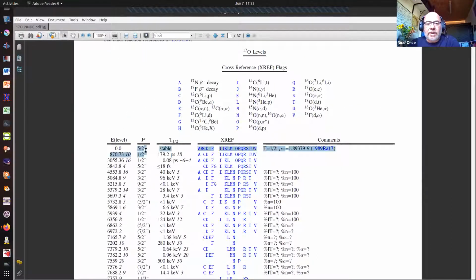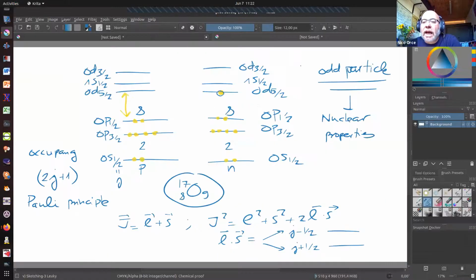So the ground state is a 5/2 plus. So now this is the energy level 0. This is the ground state. The nucleus is stable, and the ground state has 5/2 plus. So now let's look at our particular case, and our simple shell model has J, which as you can see is 5/2.